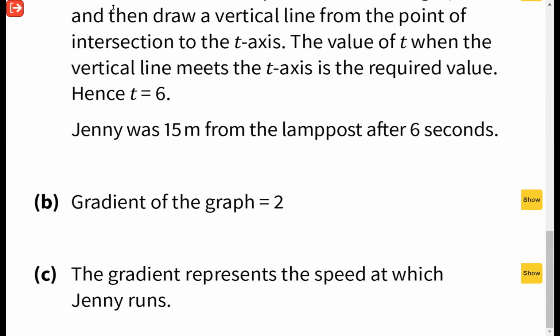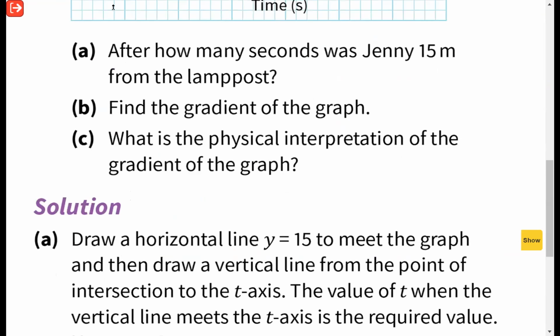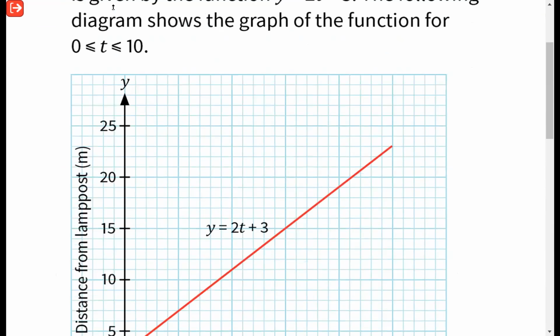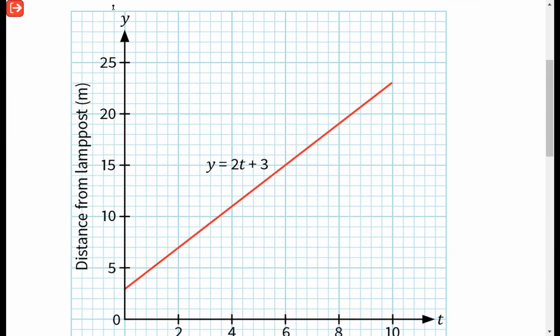The speed at which she runs. So what is another way of saying it if you don't want to use this? What I told you yesterday, it represents the rate of change. Then you go back to the vertical axis. Rate of change of what? Vertical axis, distance. Rate of change of distance. What is the horizontal axis unit?